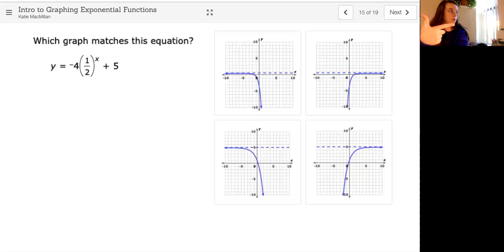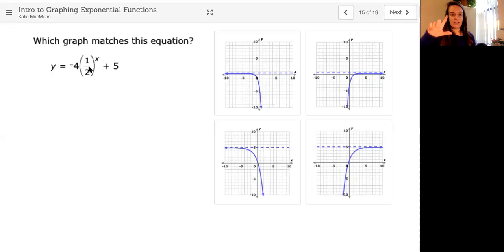When I look here and I see -4, I'm going to flip my hand over because the negative is forcing my graph to flip over. So now I have the negative shape. And then I have the 1/2 here. The 1/2 is going to make my graph flip over the y-axis, so I'm flipping it over this way.